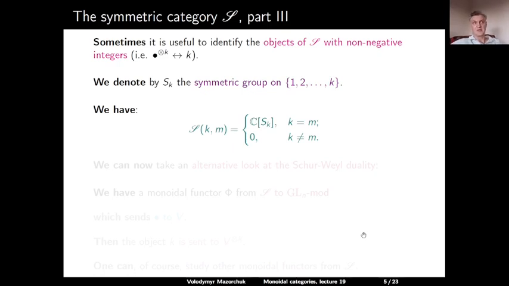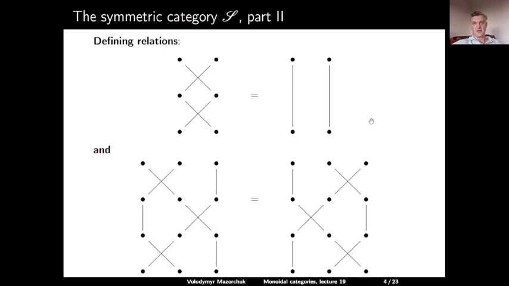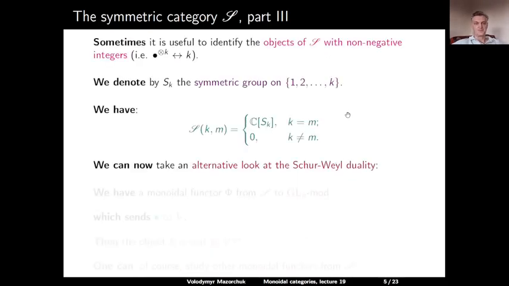So our objects are non-negative integers, 0, 1, 2, and so on. And the Hom space from the object k to the object m is 0 if k is different from m, and it is given by the group algebra of the symmetric group Sk if k is equal to m. This follows from these defining relations, also combined with the interchange law in the category S.